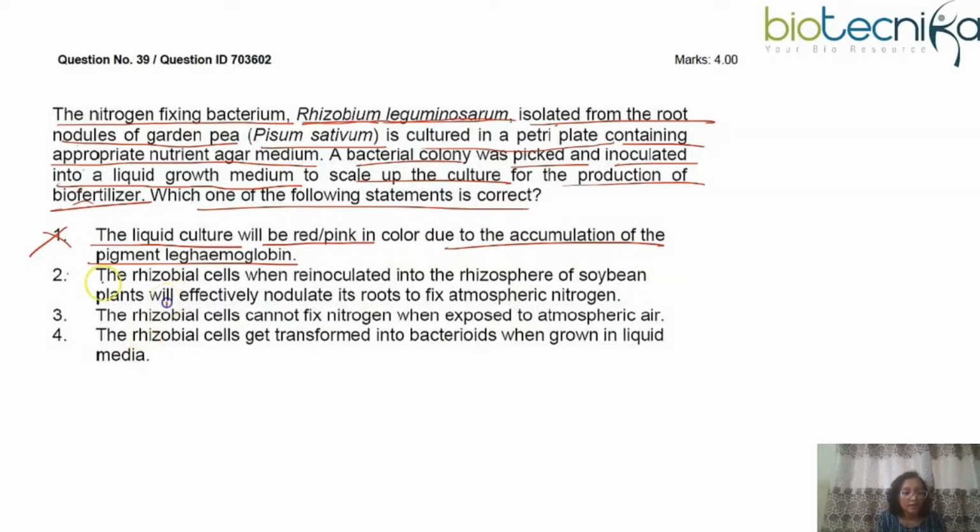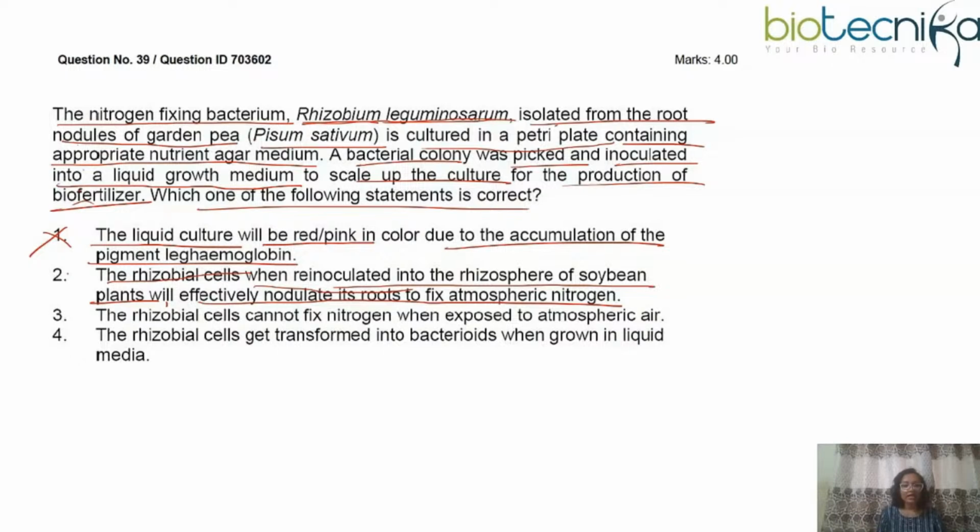Second, the rhizobial cells, when re-inoculated into the rhizosphere of a soybean plant, will effectively nodulate its roots to fix atmospheric nitrogen. So the sentence is saying that if you take these cultured rhizobial cells and re-inoculate them into the roots of a soybean plant, they will nodulate it, establish a colony there and start fixing atmospheric nitrogen on the soybean roots also. Now, what is wrong with this sentence?